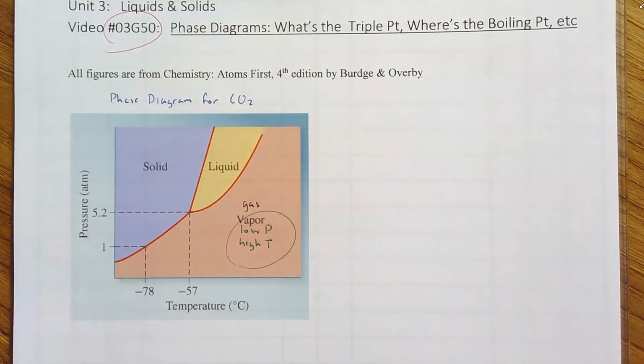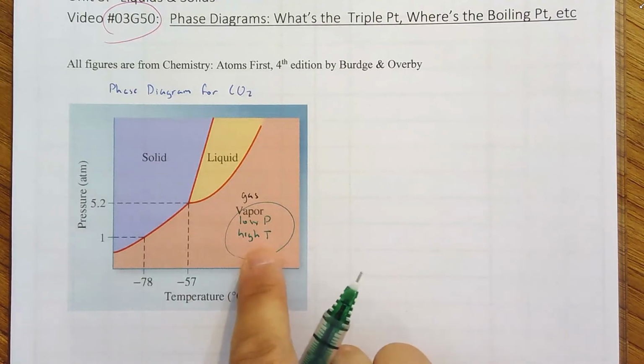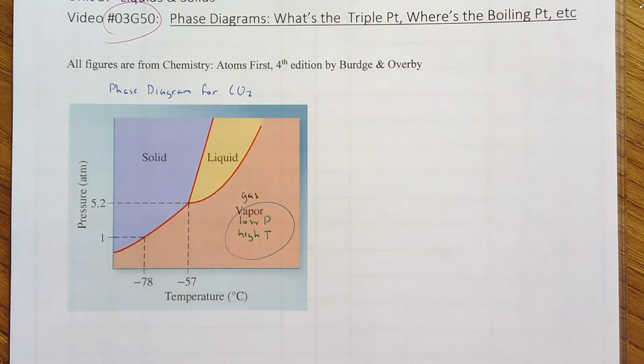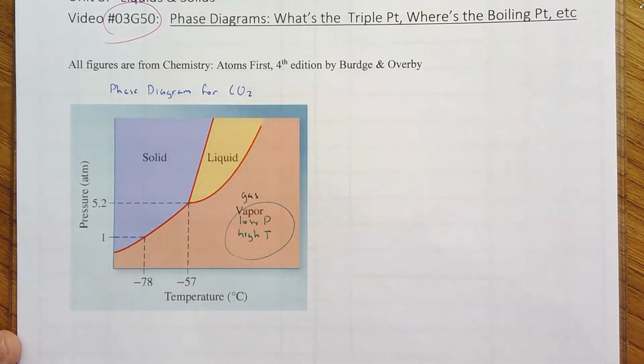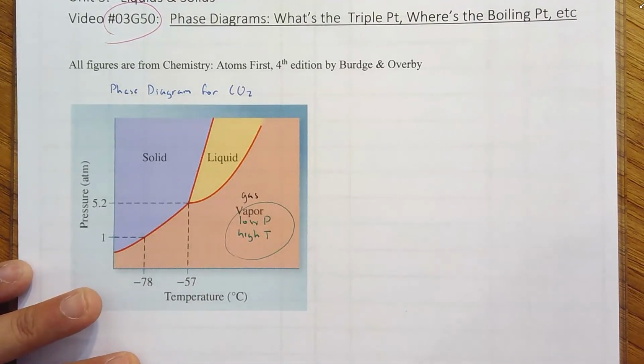A substance at very low pressure and very high temperature tends to be a gas. The higher the temperature and the lower the pressure, the more ideal the gas behaves, and we could use PV equals nRT. That's just a review.